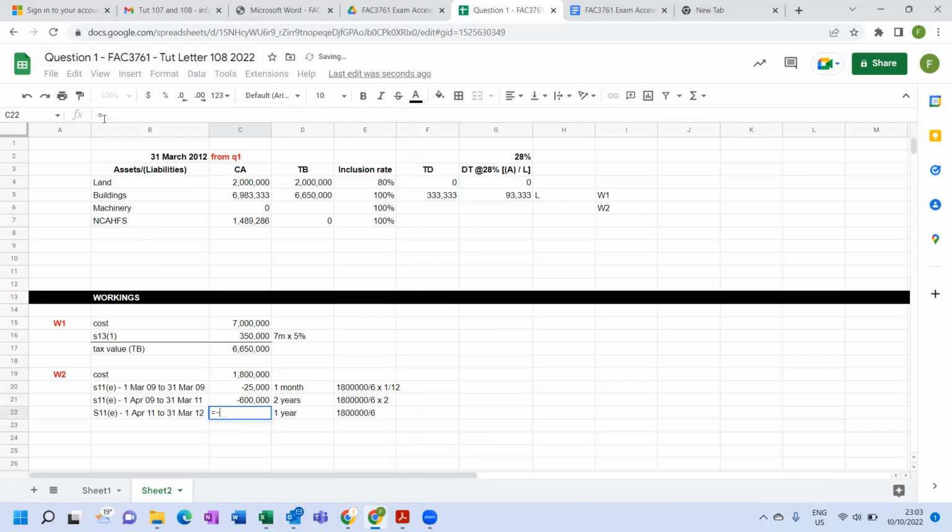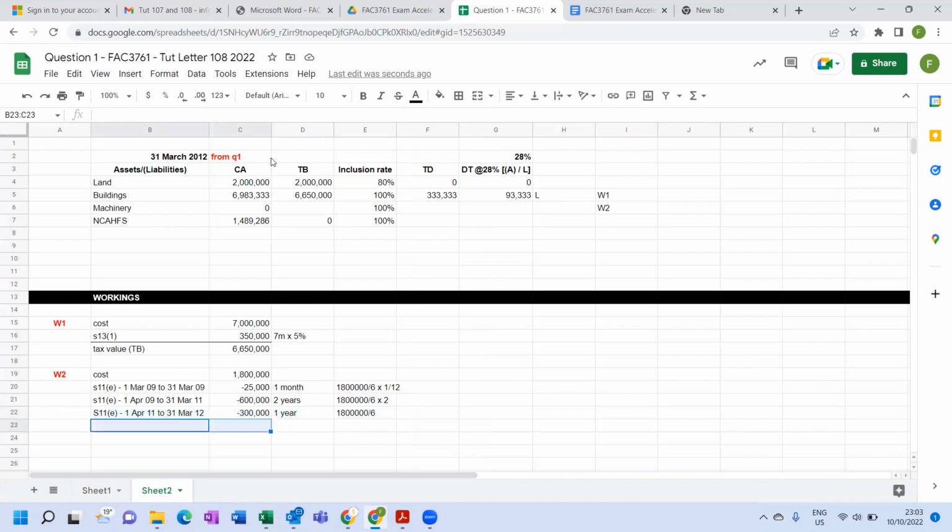Then negative 1.8123 divided by 6. Like I said, I'm using a full year over here, but you could argue, I can't remember what section 11 is saying, whether you must be using it in the production of income. If that is the case, then technically you can only depreciate for 8 months out of the 12 months, but let's just assume you can do it for the full year.